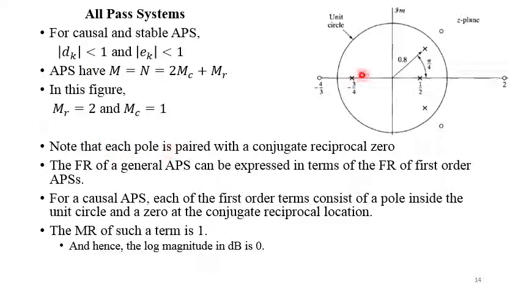So for example, we have a pole at minus 3 by 4, so we have its reciprocal zero at minus 4 by 3. Similarly, we have a pole at 1 by 2, so we have its reciprocal at 2, and so on.